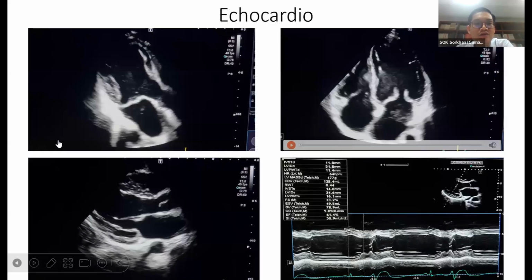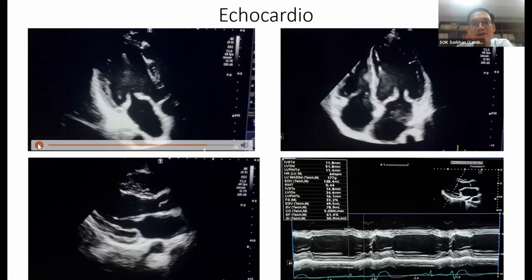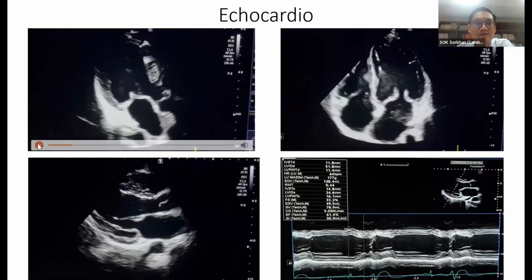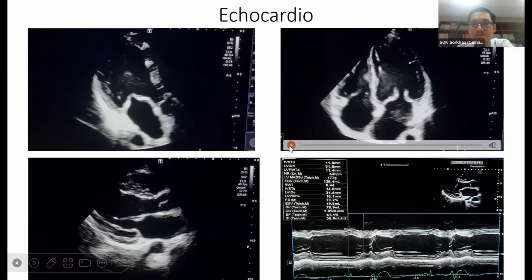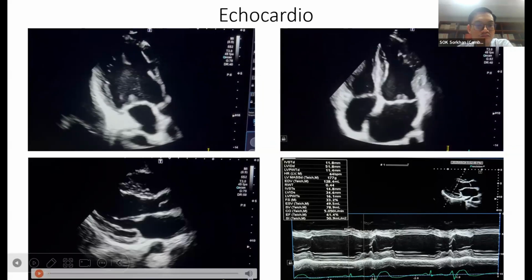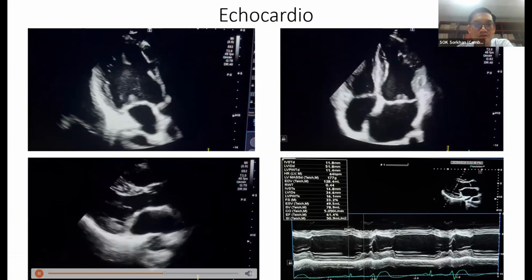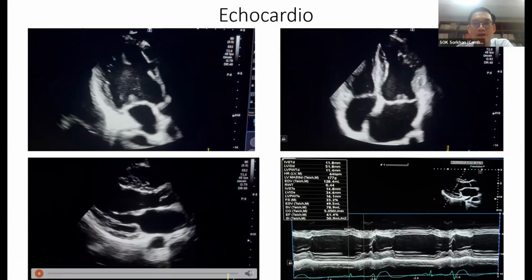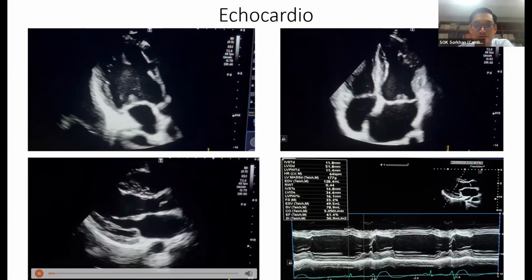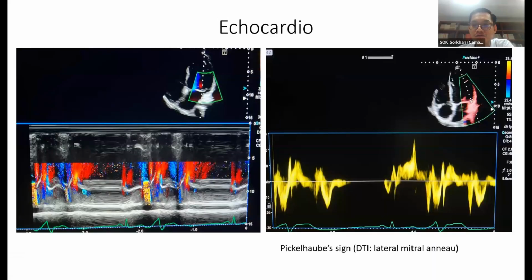This is the heart ultrasound. We see the bileaflet mitral valve prolapse. It's not only one valve prolapse, but bileaflet. And we have the Pickelhaube sign on the mitral valve.